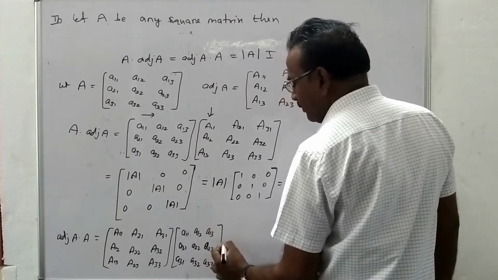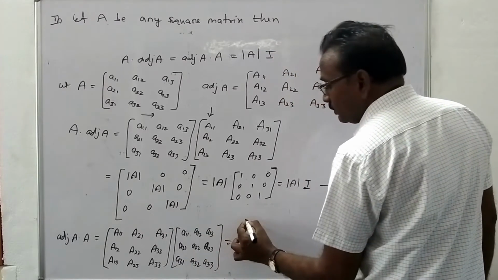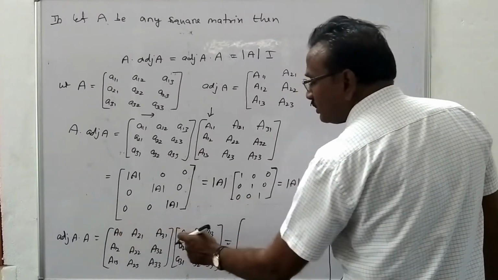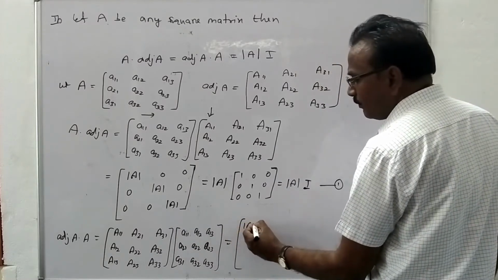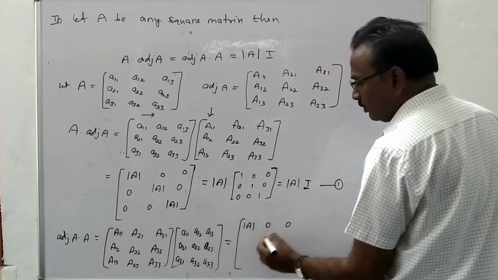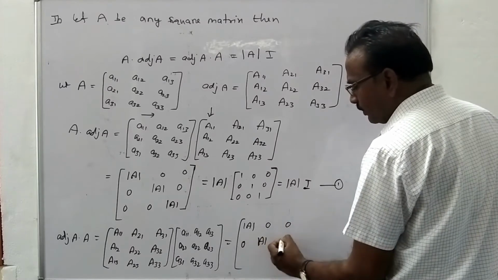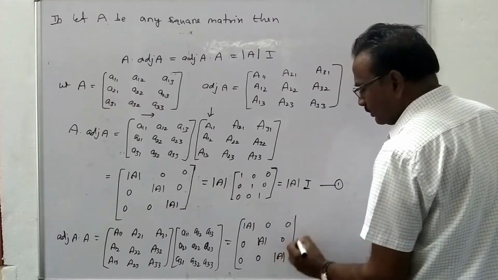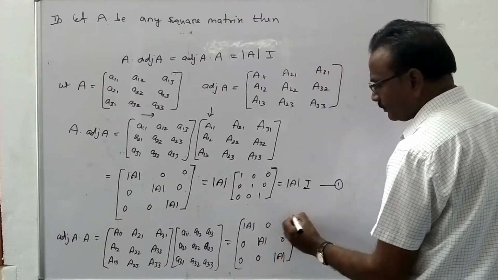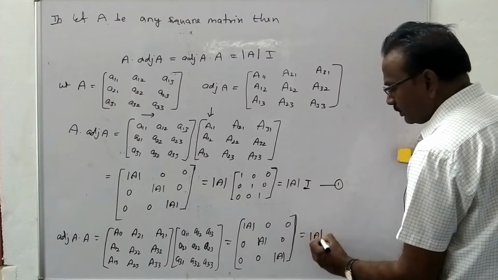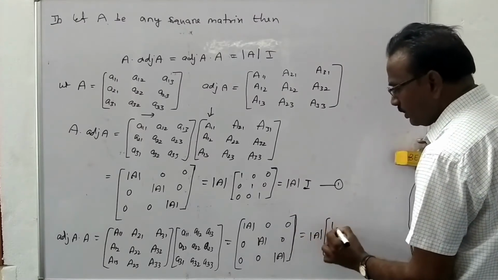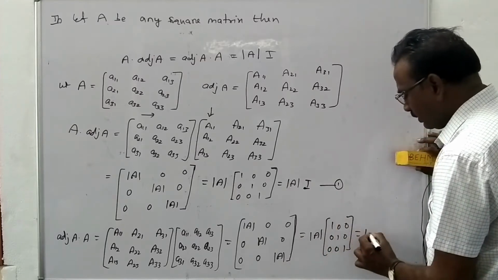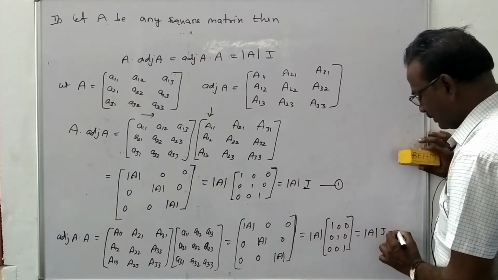Again, the sum of the product of the first row with the first column has the same suffixes, so the value is determinant of A. The other values are 0, 0, 0, determinant of A, 0, 0, 0, determinant of A. Taking determinant of A outside, into 1 0 0, 0 1 0, 0 0 1. So the value is determinant of A into the identity matrix, that is equation 2.